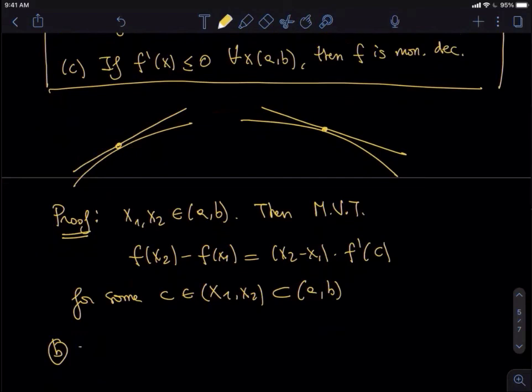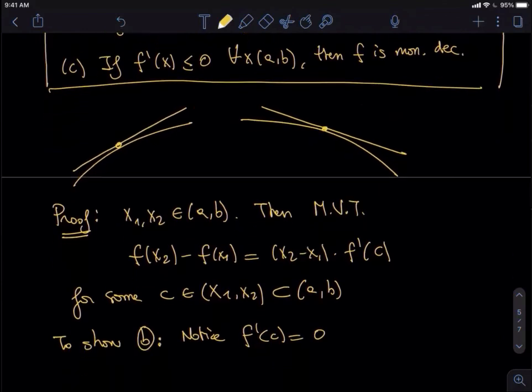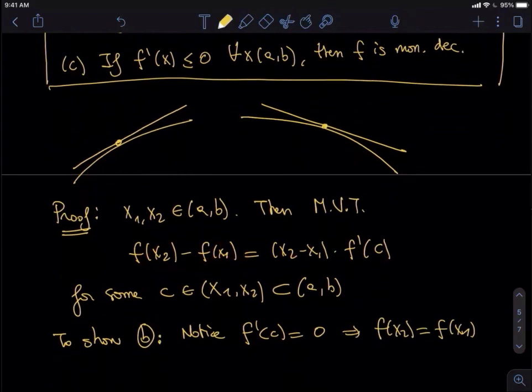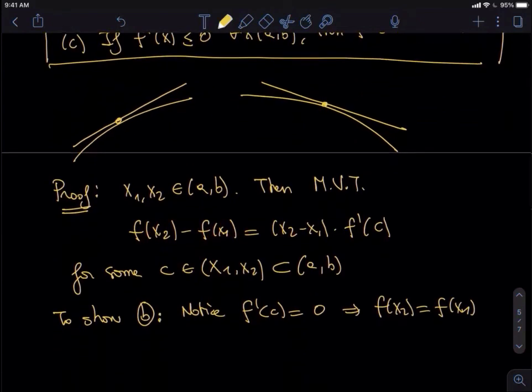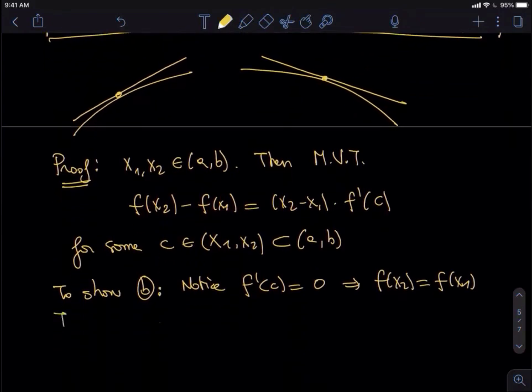So to show B, basically notice that f prime of c must be 0 because it's 0 everywhere. And that means that f of x2 equals f of x1, looking at this equation. Okay, and if that is the case for every pair of points x1, x2, that's it. It must be constant.